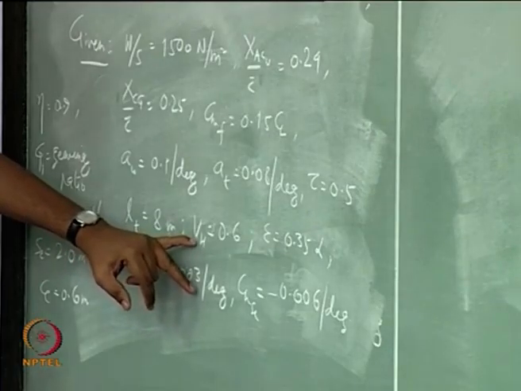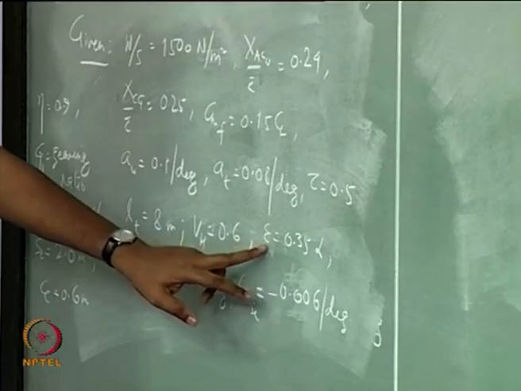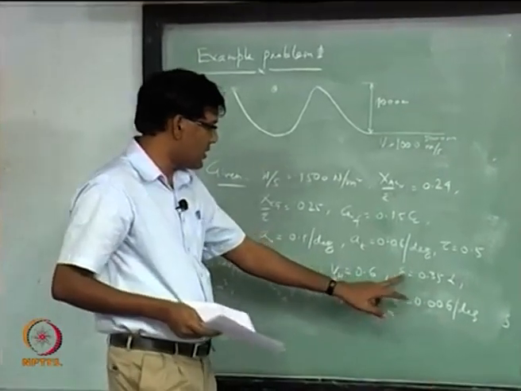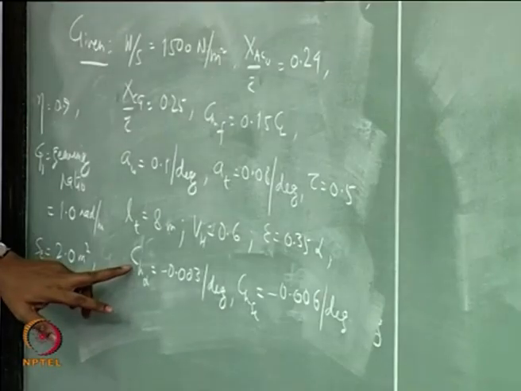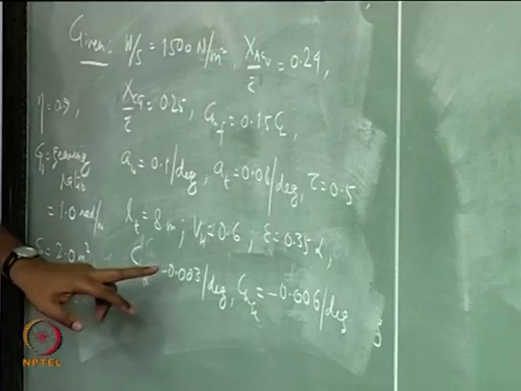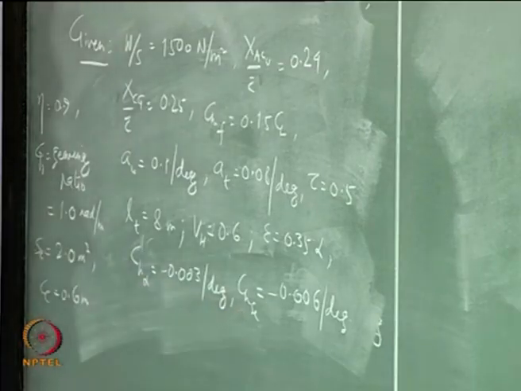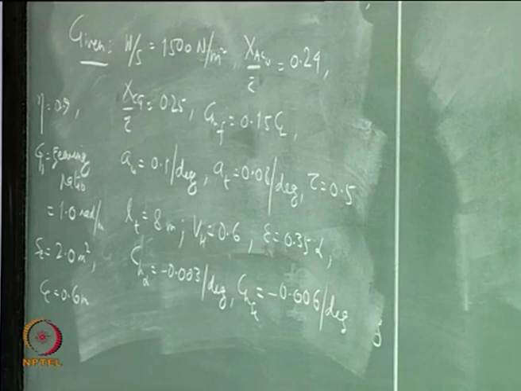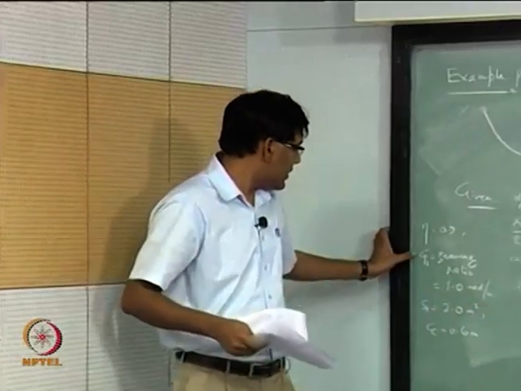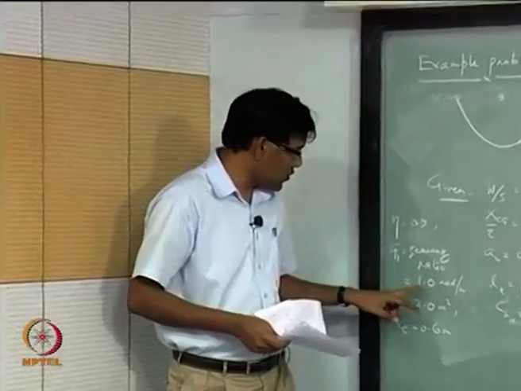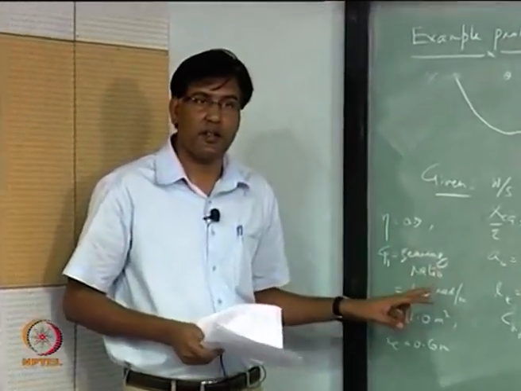Tail volume ratio 0.6. Downwash is 0.35 into angle of attack alpha. This is CH alpha and CH delta E, right. Tail efficiency, G1 is the gearing ratio which is connecting the stick force with the gear, right. So, that gearing ratio is this 1 radian per meter.